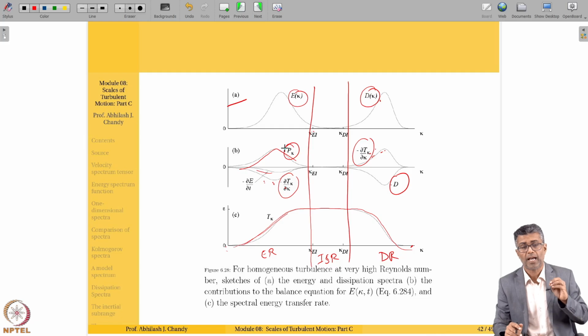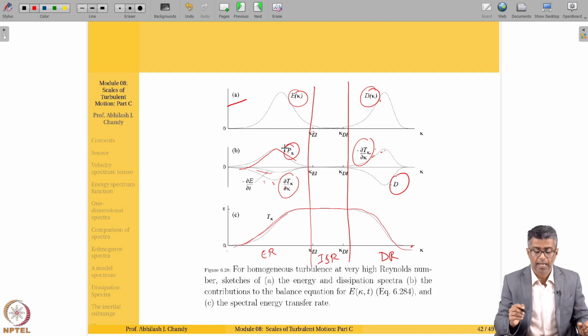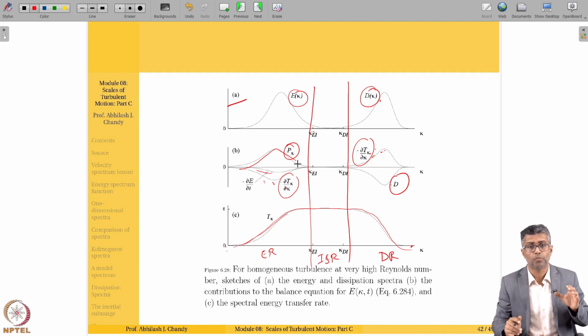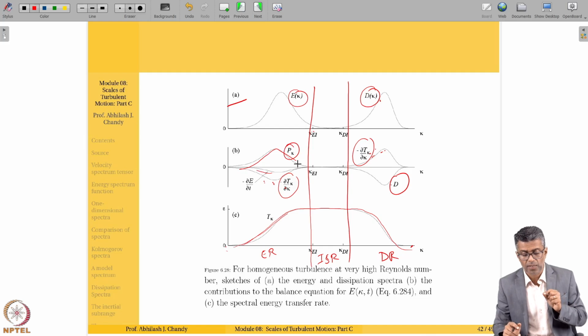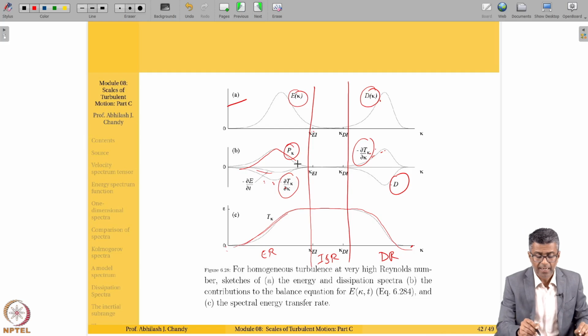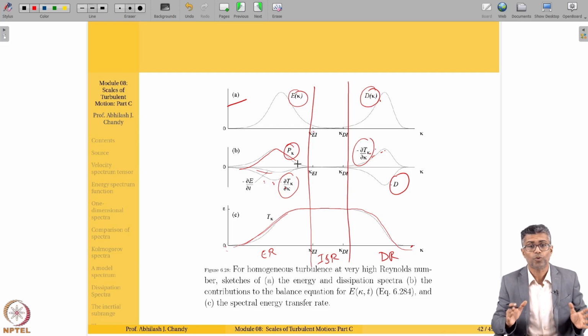And I brought out examples last time when I talked about a jet flow and flow coming in through the nozzle. That is what is bringing in the energy, correct? So then I have the production being more dominant in the energy containing range. Then there is this additional term, the spectral transfer rate term, minus del T del K, that exists everywhere, right?